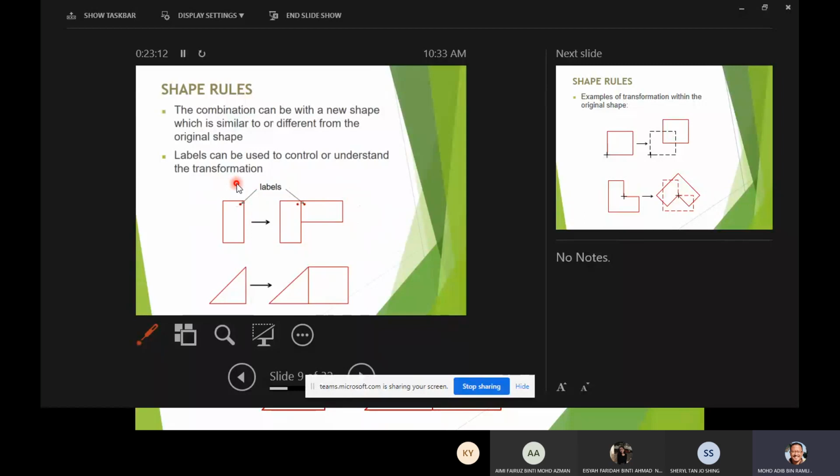Okay, labels can be used to control or understand the transformation. Some people might find it a bit more confusing if you use labels. For me, I don't really use labels.